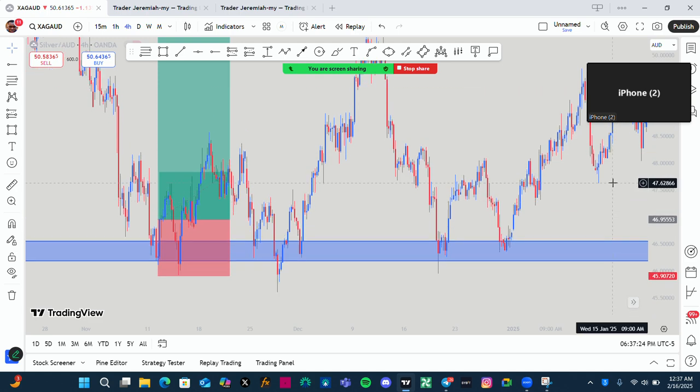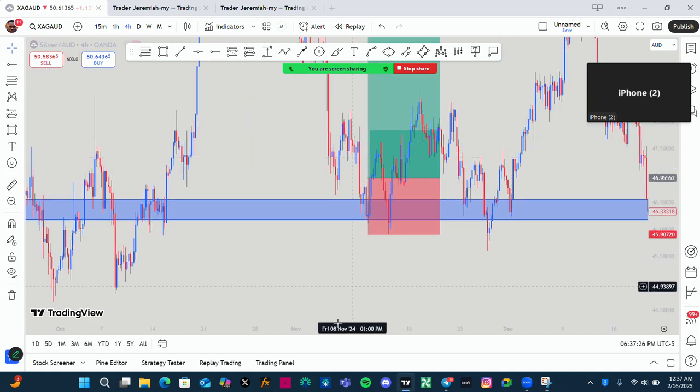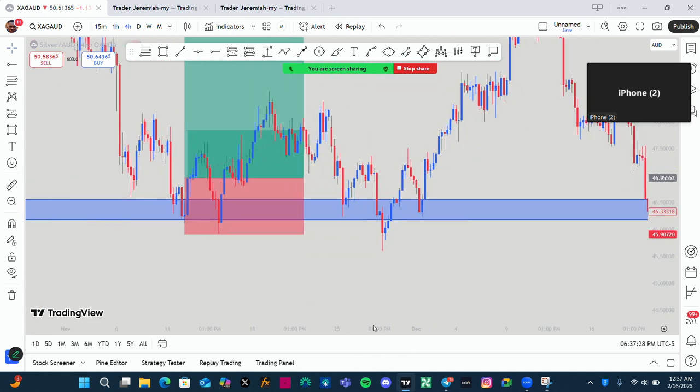Okay, let me show you this. If price was coming down at a resistance level, and price broke the resistance level and started trading above it, we need to wait for price to retrace back to that area to confirm that the area is still valid. Because if price breaks it and starts heading higher, price might still come back down and break it lower.